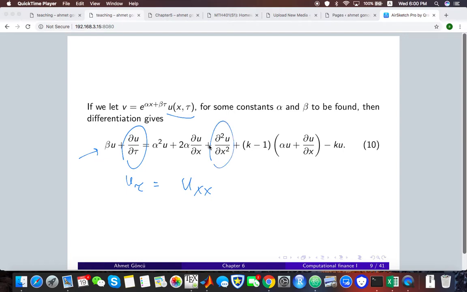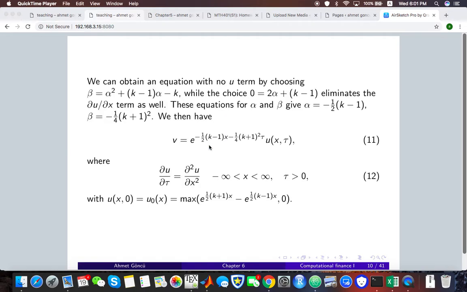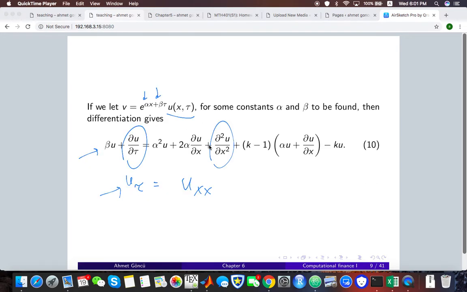Our goal is to find this alpha and beta such that at the end of the day we are only left with these two terms, which give us the heat equation we are trying to achieve. As a result of these restrictions, all the other terms must be equal to 0.